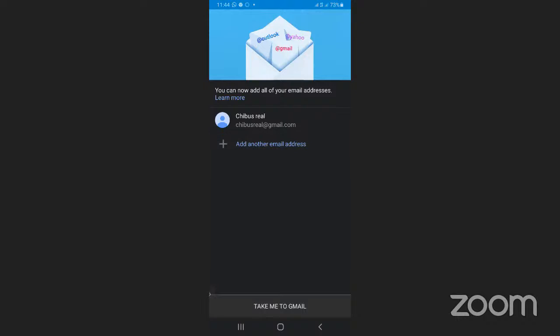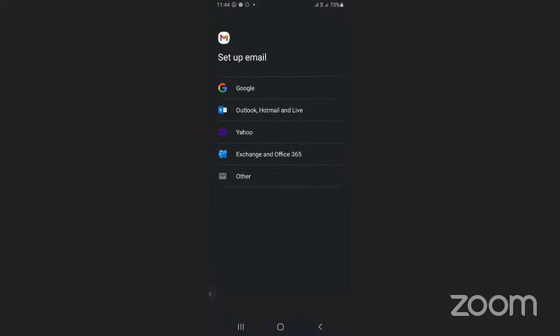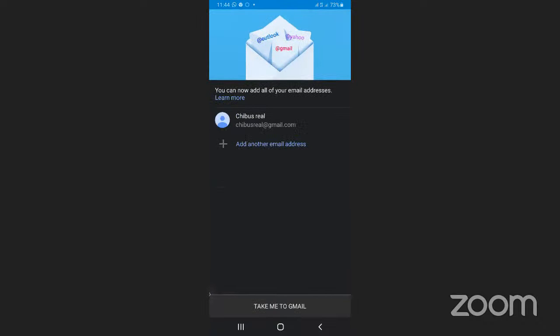Click on your email now, not another email. Go back. How do you open your inbox now? Click on that. I click on it, but it's not opening. Check down here, see downside, they say take me to Gmail. Click on that.